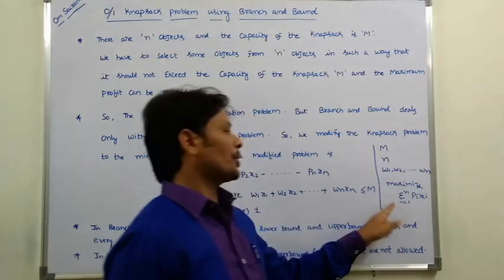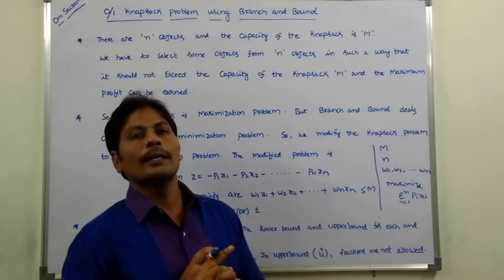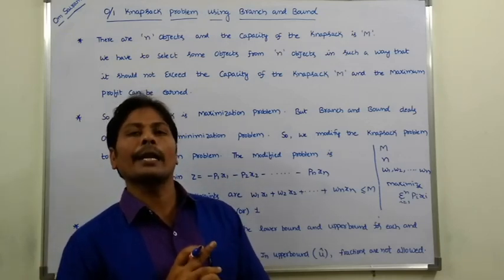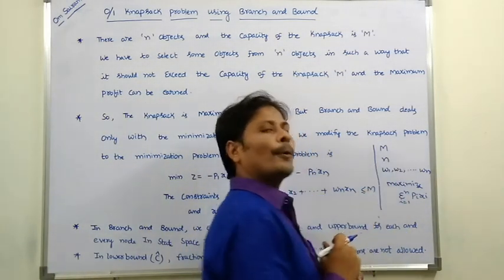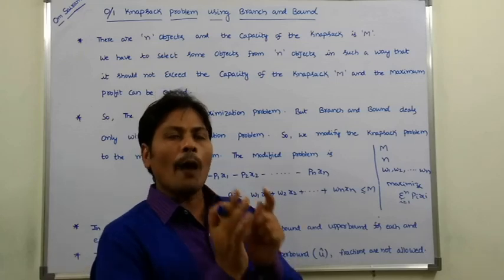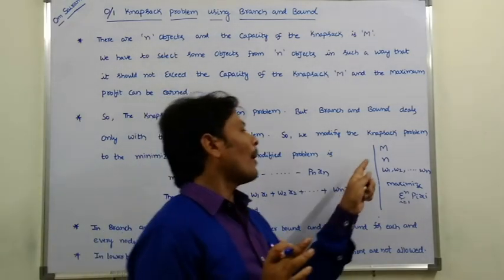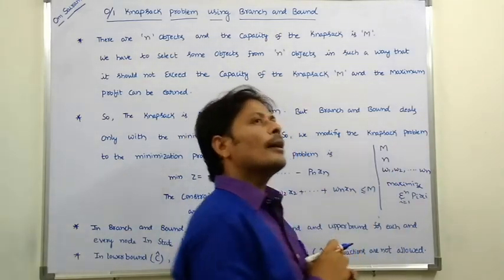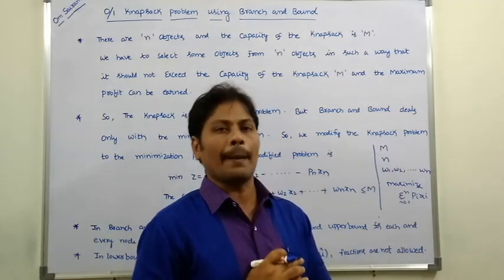Our main objective is to maximize the profit of some of the objects among the n objects. Here there are n objects, and we have to place only some of them into the knapsack that has the capacity capital M.